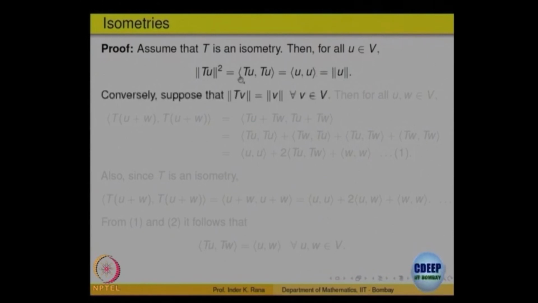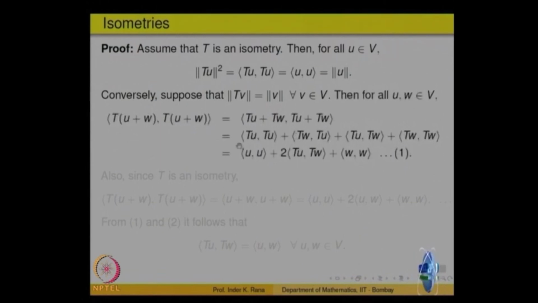Conversely, let us suppose T has the property that it preserves the magnitudes. We want to show it also preserves the angles, it also preserves inner product. So, for that let us take any two vectors U and W, look at the sum, and look at the image T of U plus W and its inner product with itself.